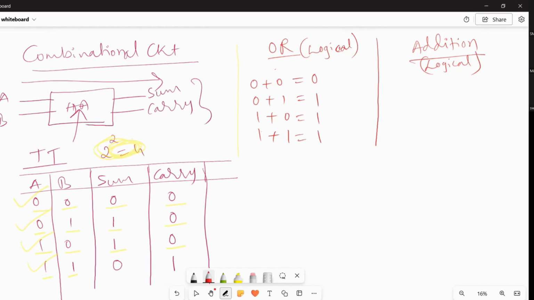In digital, don't say like mathematics that 1 plus 1 is 2. Don't say 2.